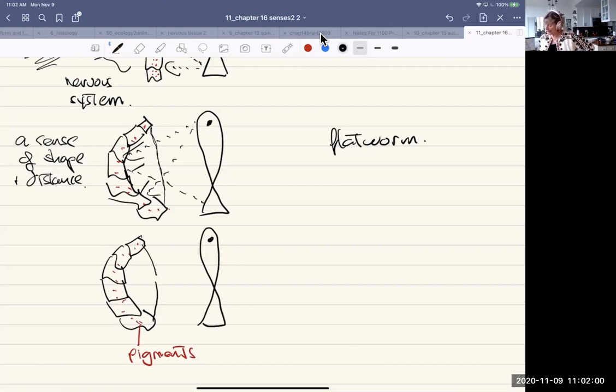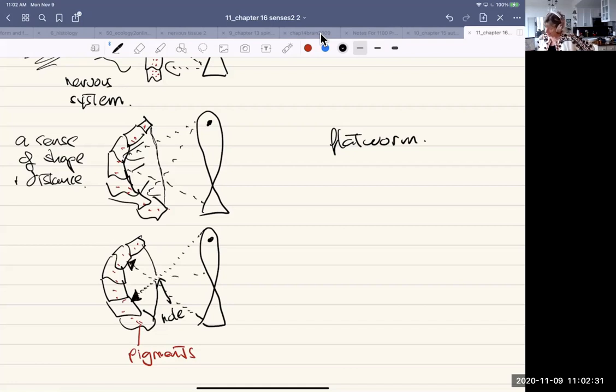Well, this little hole here makes all the difference to resolution, or being able to determine the shape of this object, because light at the head end will go through that hole and only hit this cell here. I'm exaggerating a little bit, but light from the tail end will go through that hole and only hit this cell here.